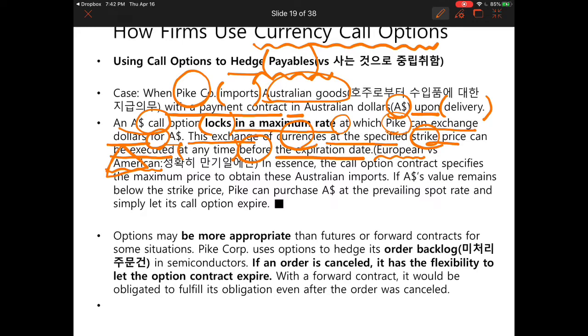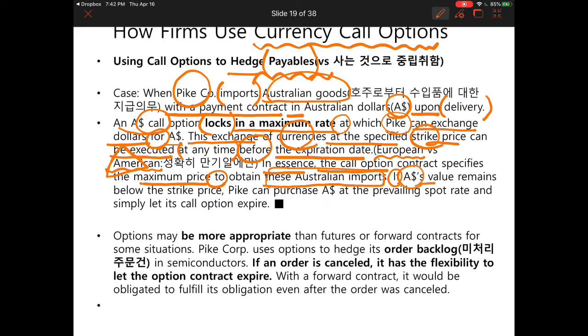In American style, the holder can exercise the option any date before maturity. Against that, in European, the holder exercises exactly on one day, which is the maturity day. So in essence, the Australian dollar call option contract specifies the maximum price to purchase these Australian imports.